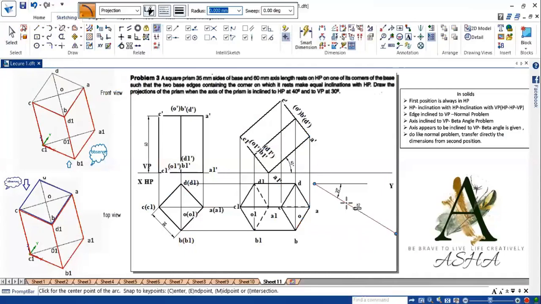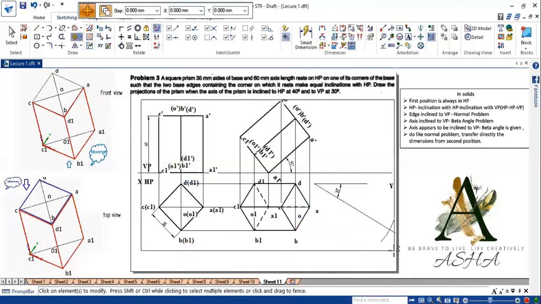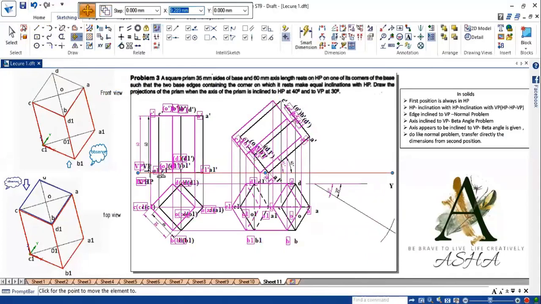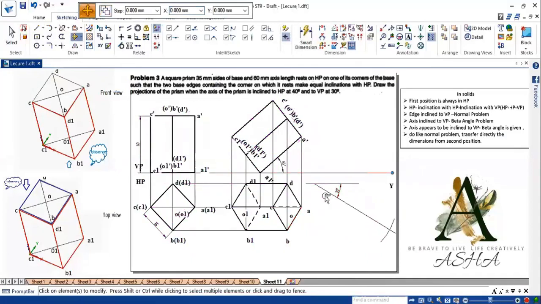You can take any point, 60 mm, cut an arc. Okay, this is the locus.